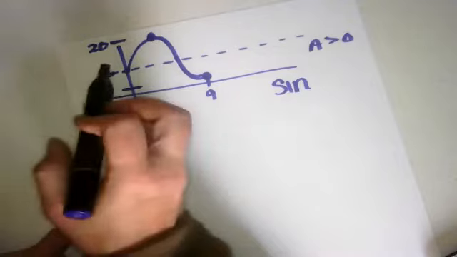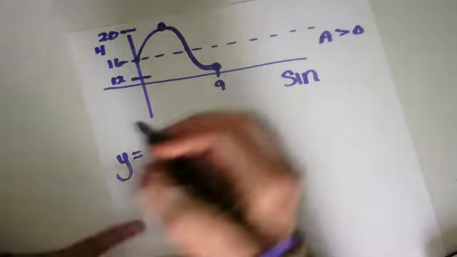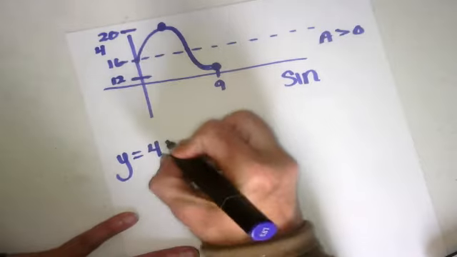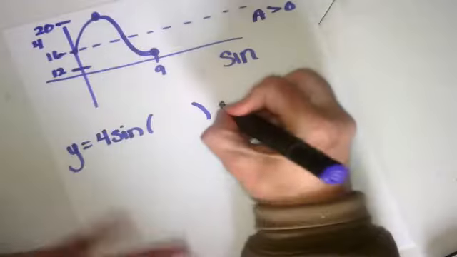The distance from the midline to the maximum is A. So that tells me that A is 4. Then I have to subtract 4. 16 minus 4 makes 12. So now, what I know just based off of what I have so far is that it's 4 sine. We didn't take care of that frequency yet, and the midline is at 16.